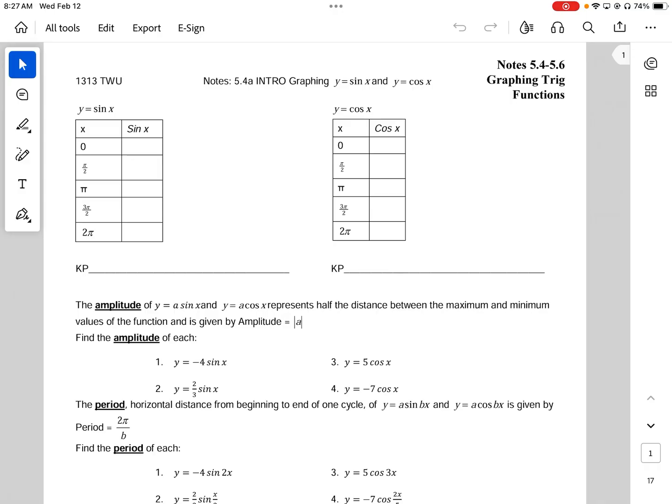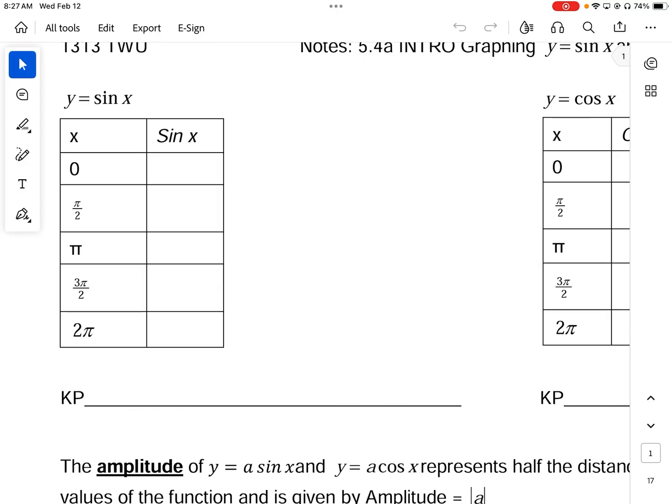So let's first look at this table. We're going to fill in the table by using our formula chart. So sine of x, so sine of 0 is what we would be looking for. So we're using our chart.